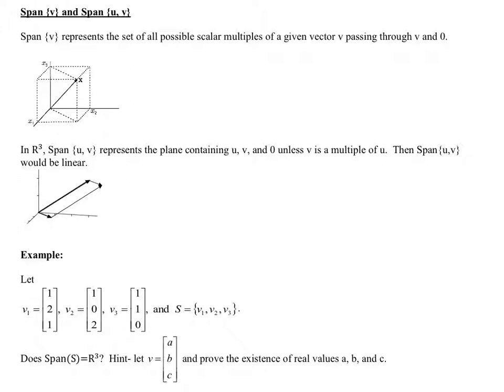So what I need to know in this example here, this really kind of spells it out in 3 space. When I say does S span all of R3, all of real space in 3 dimensions, I'm really just asking, can ABC be written as a linear combination of the basis of that 3 space?